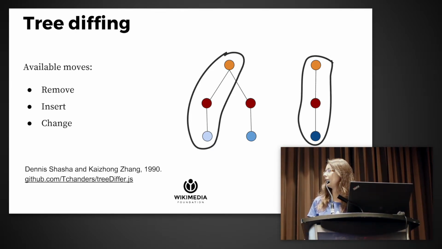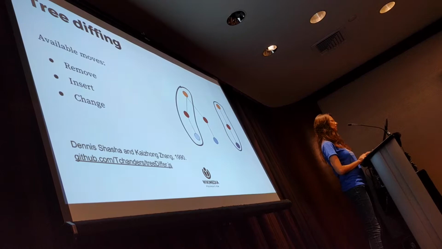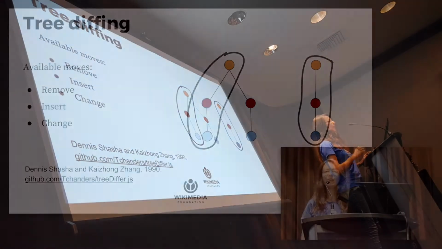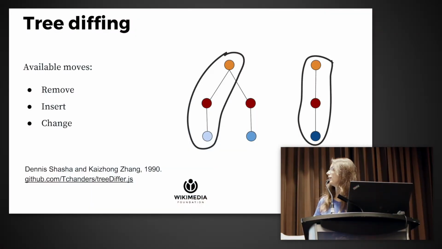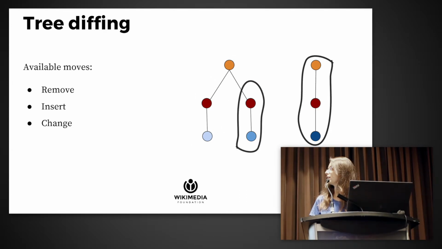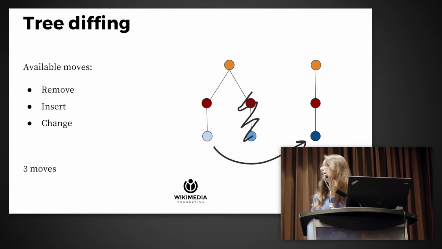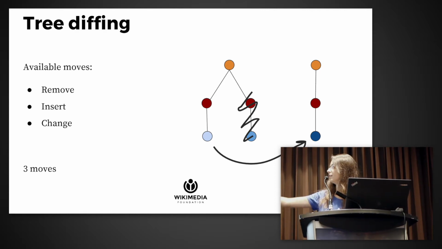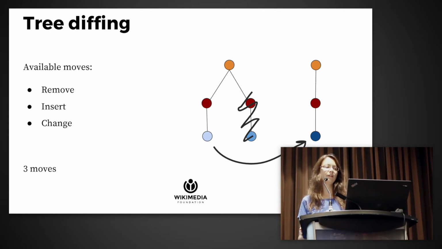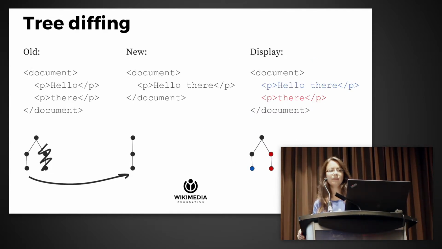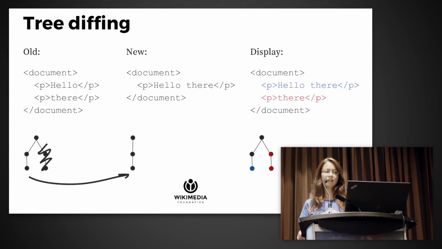That's the paper and a link to our JavaScript implementation of it. And it basically works by comparing subtrees and finding the minimal diff. So in this case, removing two nodes and then changing one node to another is the best we're going to get. So this is vaguely how the diff is going to look.